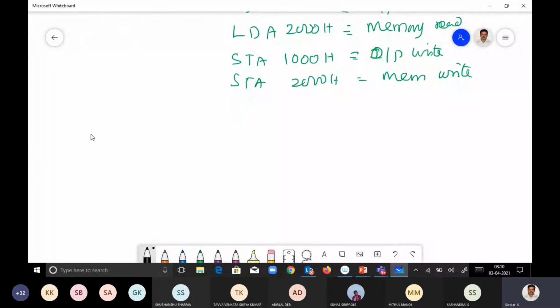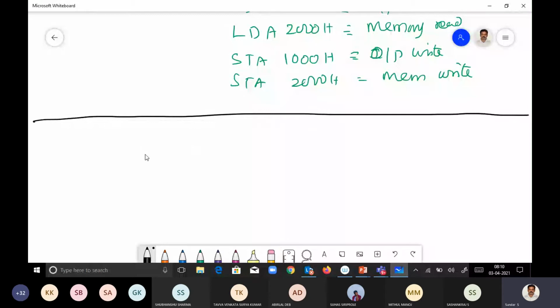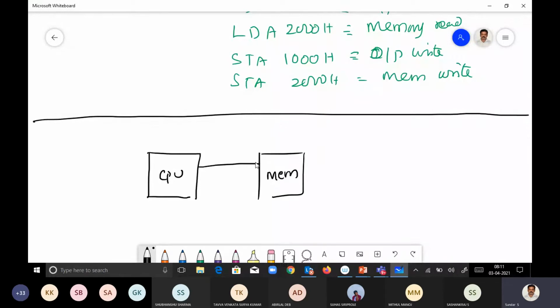CPU and memory are connected with a common clock. For the time being, let me use only the clock signal. I'm not using other signals in this diagram, just to explain what is called synchronous. If CPU wants to send something to memory, or read something from memory, that action will take place only when the clock is properly connected.